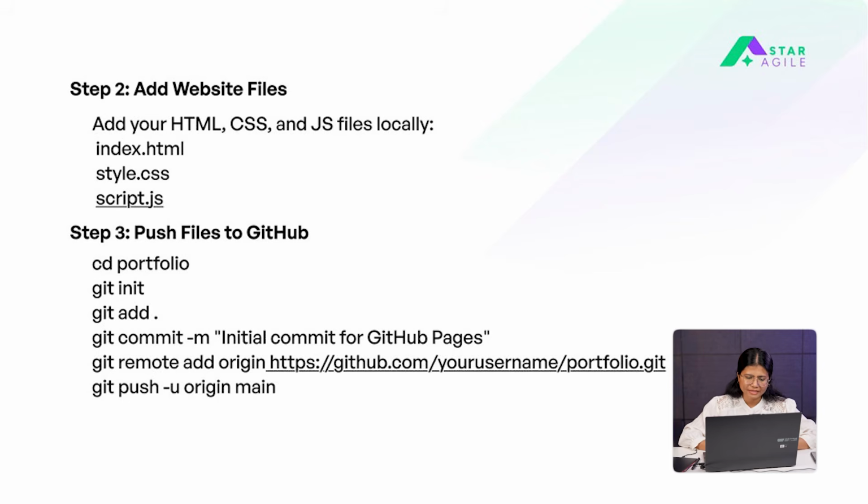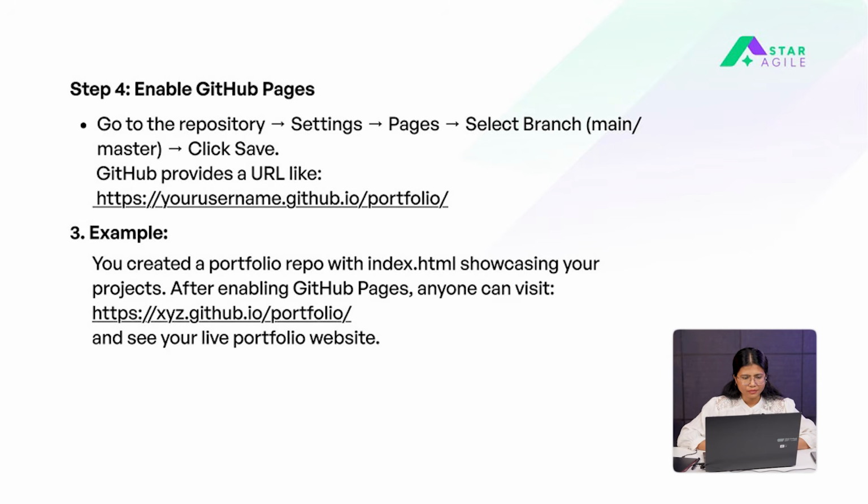You know git init, which helps you initialize, git add, which helps you add before commit. Then you can commit it. Then you can push this to the remote repository which you are creating, to your main branch. So let's see how exactly it works, and how the website will come up.